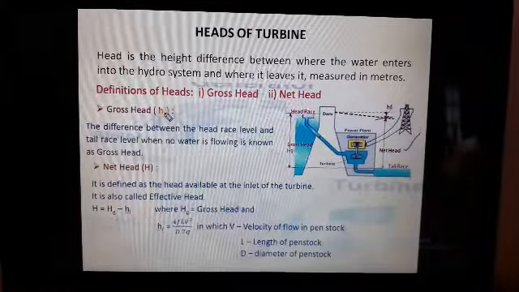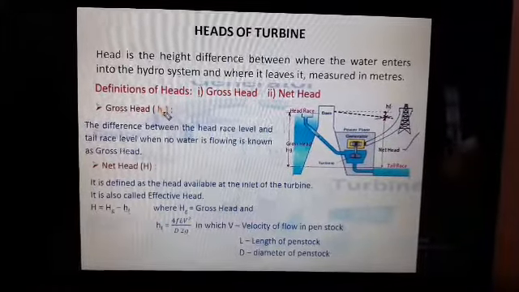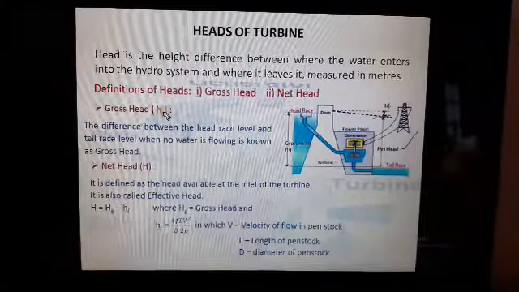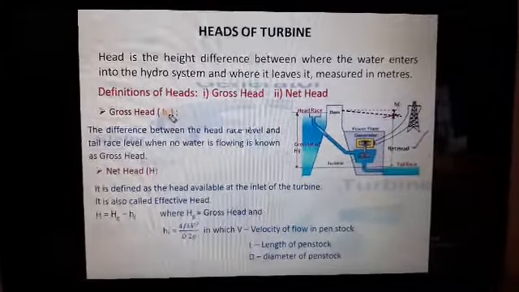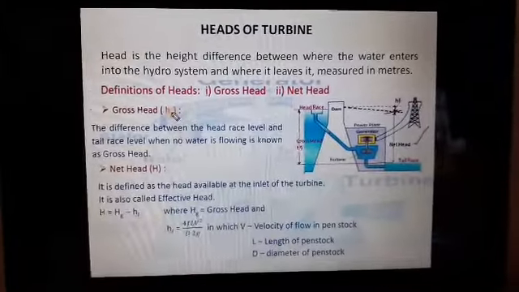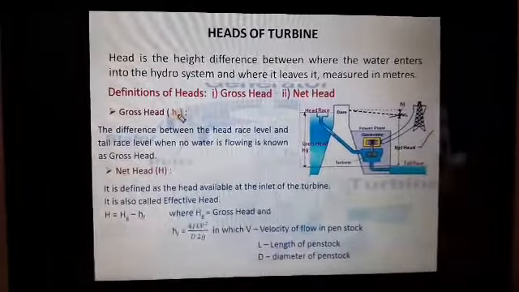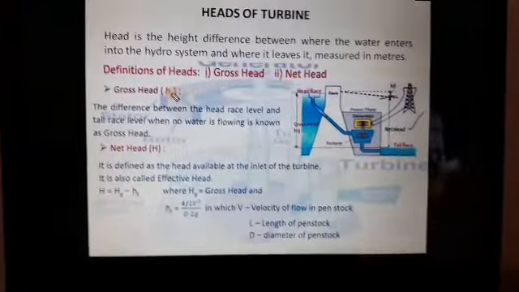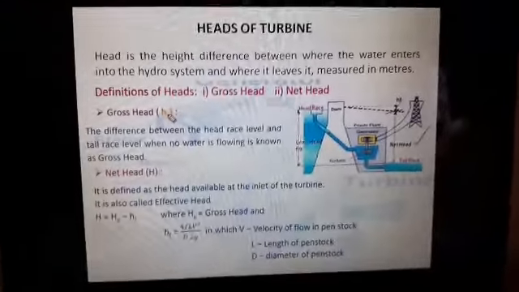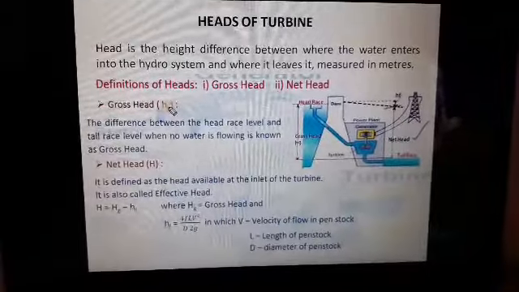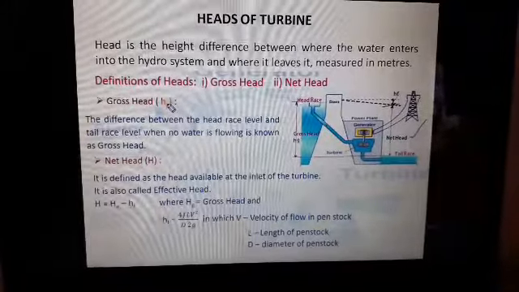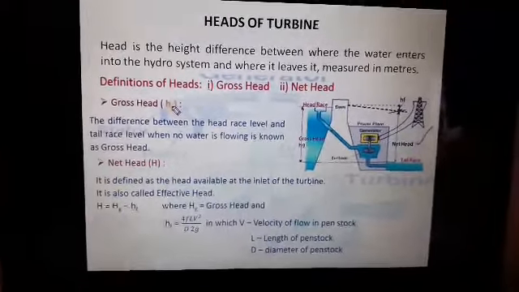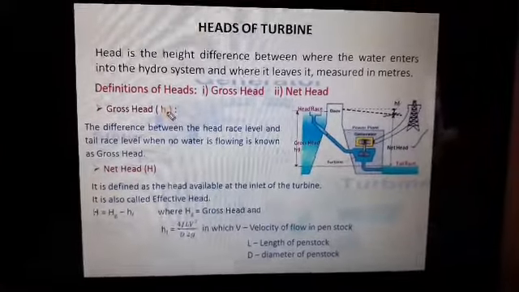The second type of head is net head. Whenever water flows through the penstock, there are various types of losses which occur in the flowing fluid. We have discussed these types of losses in the previous chapters, namely frictional losses which occur due to friction.